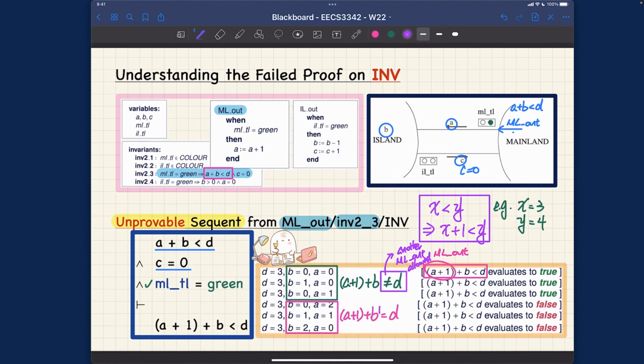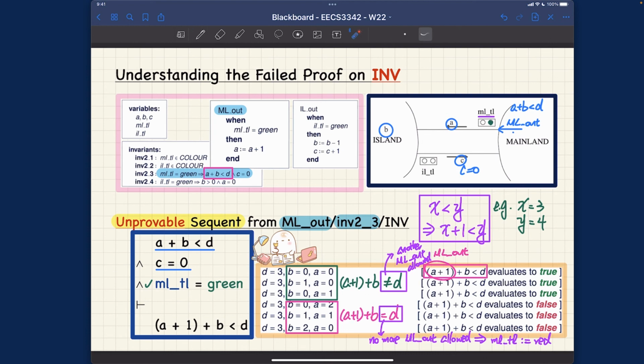When it is equal to D, that means no more ML out should be allowed. And the way to do that is by turning this light over here to be red. ML TL should be turned into red.